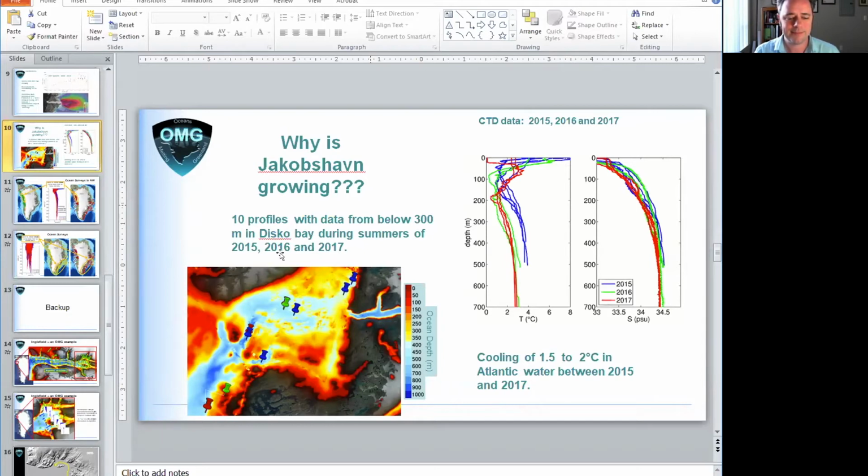And then Twyla, I was fascinated with this idea of what Tim asked, how representative is Sermilik of these other fjords? And I was also intrigued by the fact that terminus melt was so tiny in Sermilik Fjord.